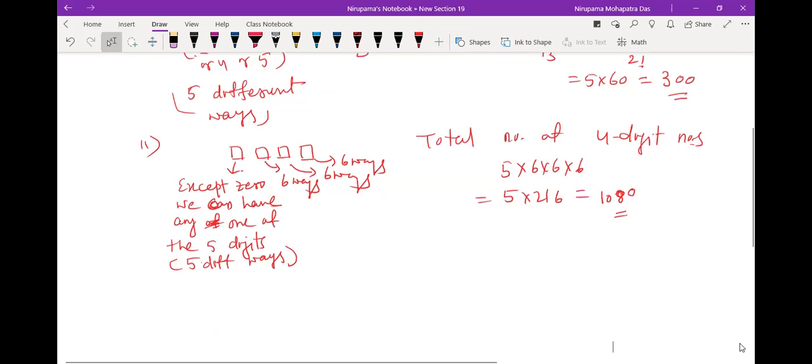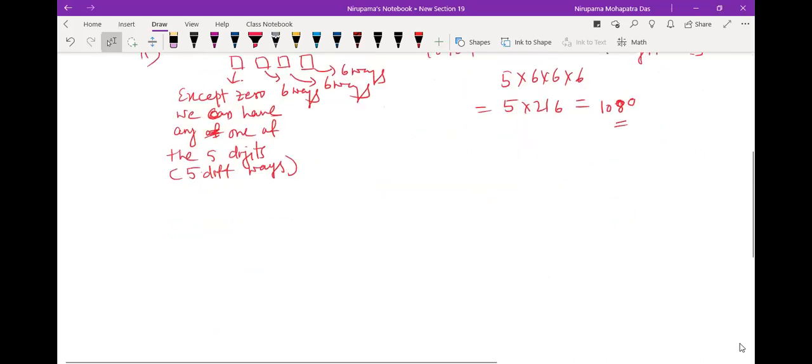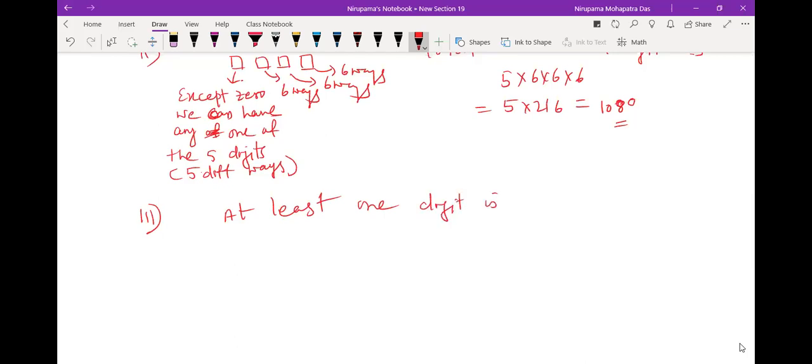So in the third part you have at least one repeated. At least one repeated means at least one digit is repeated. Try to understand the question here.